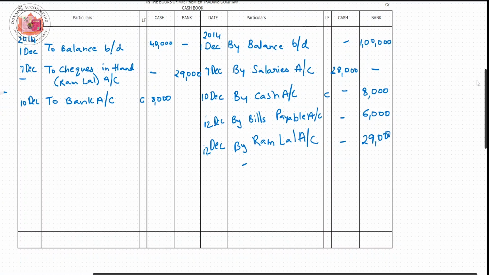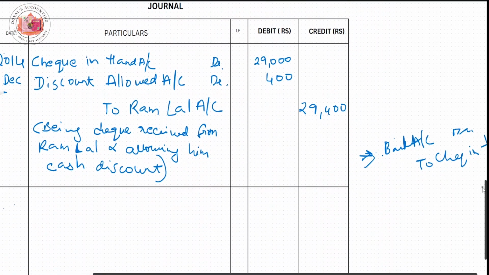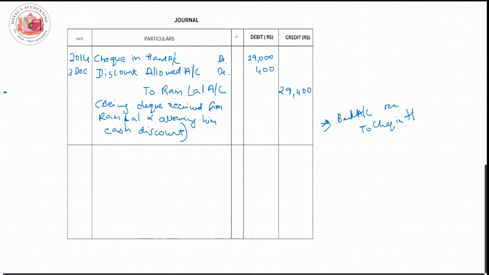Okay, so I have first reversed that entry. Now I will reverse my discount allowed as well. So 12th December, Ramlal account debit to discount allowed, 400, 400.